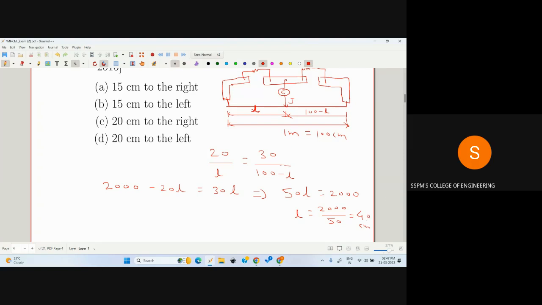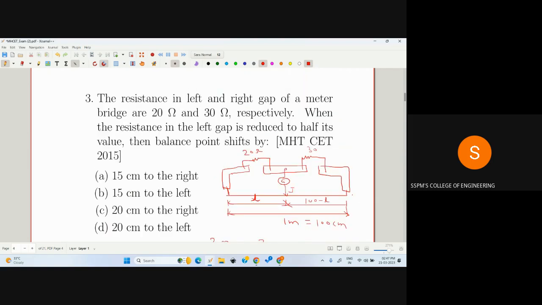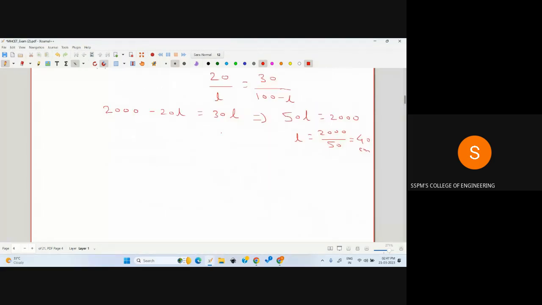So the location of the null point for the first case is at 40 centimeter, where your meter bridge is balanced, isn't it? Now read out the second condition: when the resistance in the left gap is reduced to half its value, what is the new position of the null point?